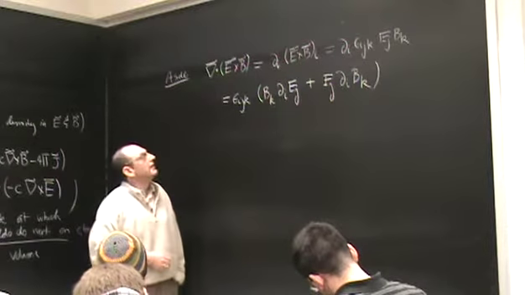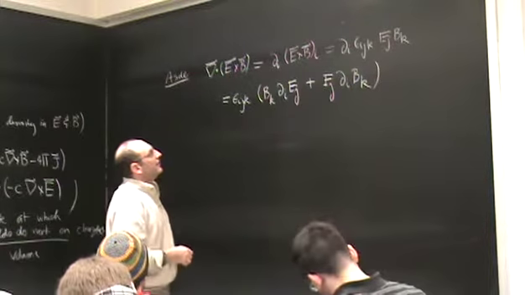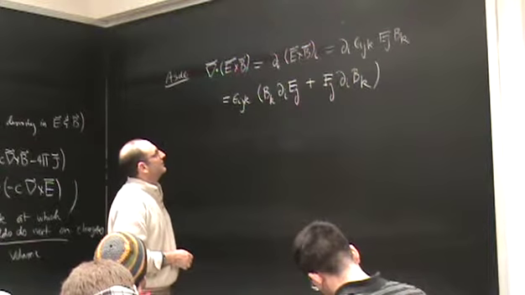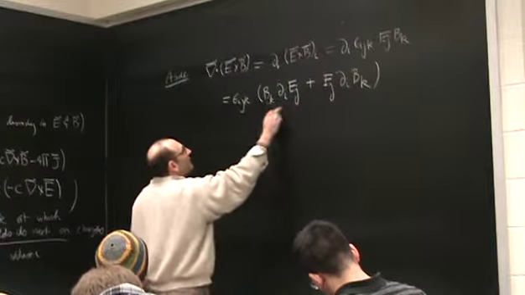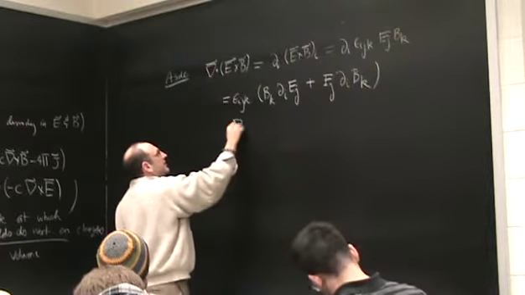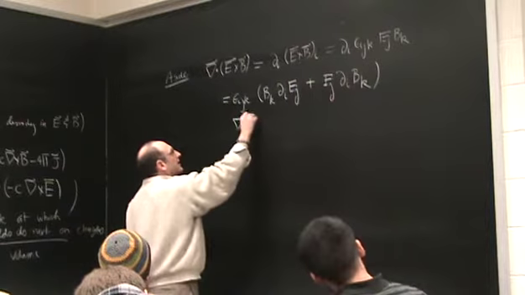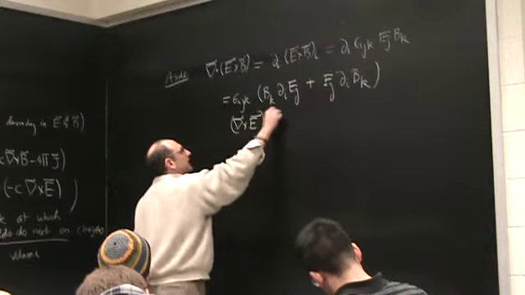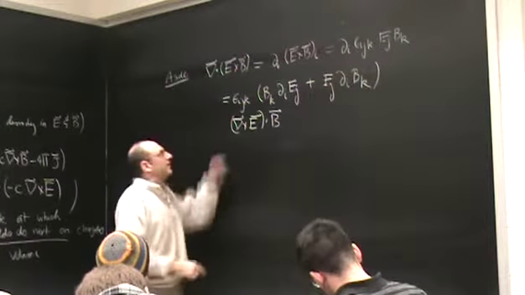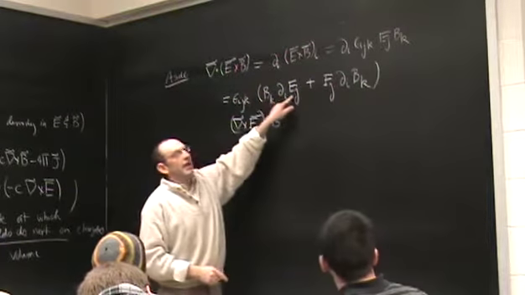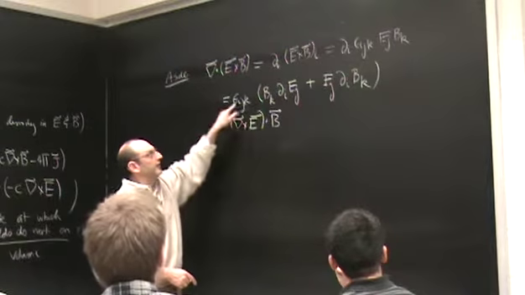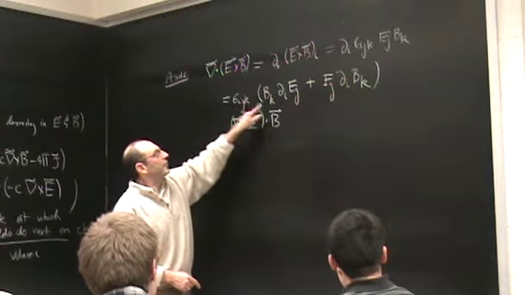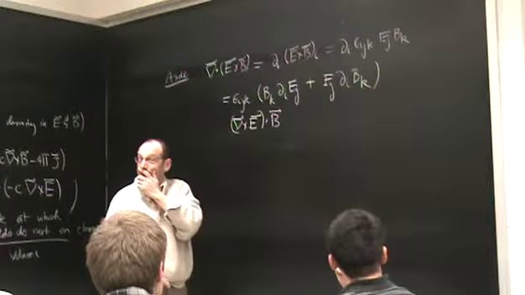All right? So now, what is this? Well, this is equal to, if I put that on the other side here, del cross E dotted into B. That's the first term, right? Because epsilon i j k partial i E j is del cross E, and then I sum over k by that.